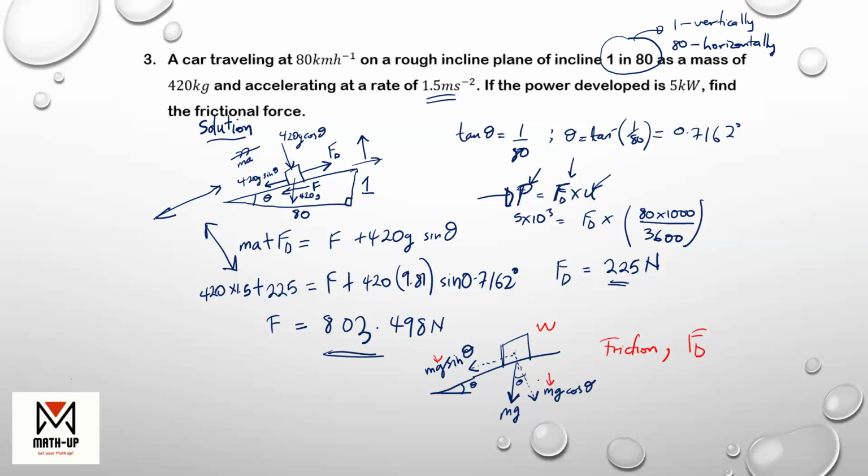We assumed our body to be going upward, and that means if I'm to resolve parallel to this plane, I have MA plus FD equal to 420 g sin theta plus the friction force that would be opposing the motion of the body.